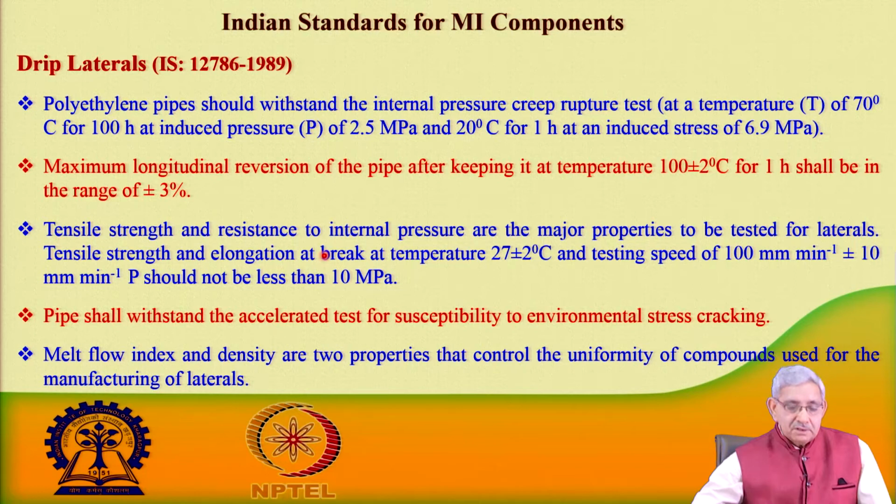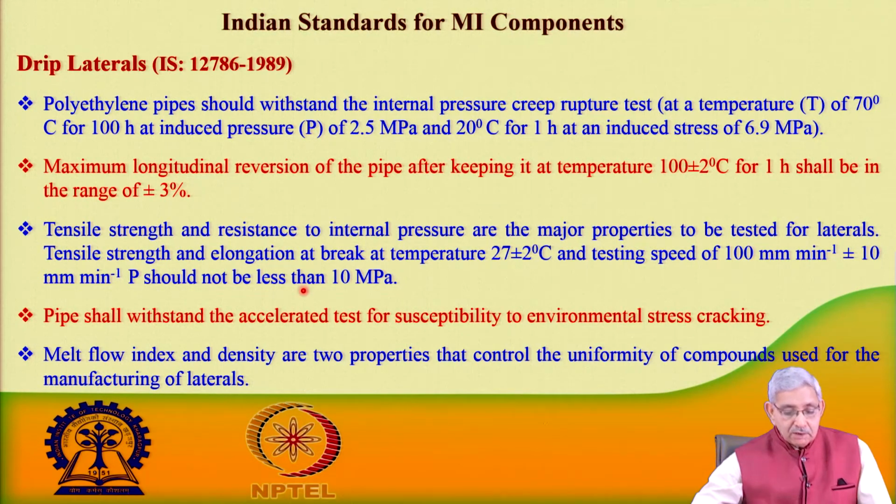The tensile strength and resistance to internal pressure are major properties to be tested for laterals, and tensile strength at break. This is the test range, 27 degrees plus minus 2 degrees Celsius, and test speed of 100 millimeter per minute plus minus 10 millimeter per minute.